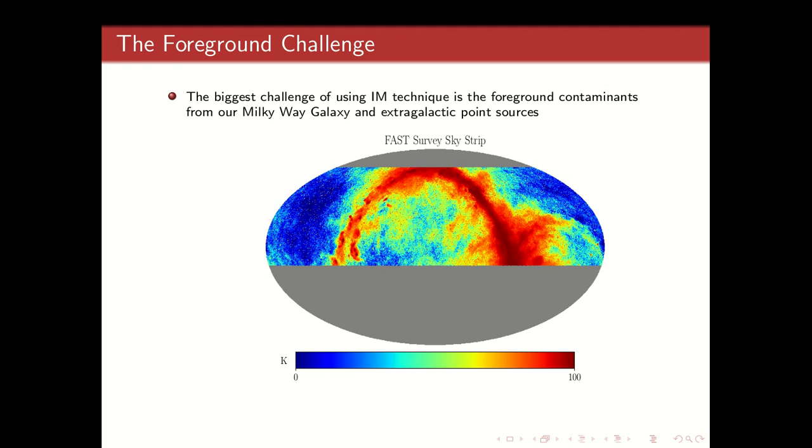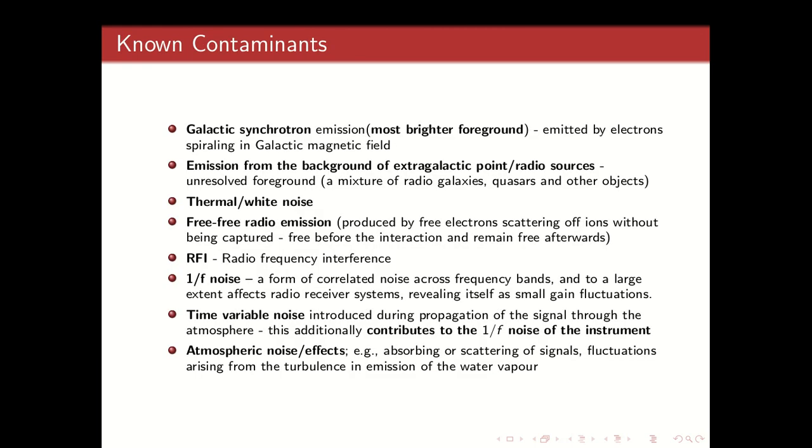As a number of colleagues have already pointed out, the biggest challenge of using the intensity mapping technique is the foreground contaminants from our Milky Way galaxy and the extragalactic point sources. Known contaminants include galactic synchrotron emission, which is the brightest foreground, caused by electrons spiraling in the galactic magnetic field.